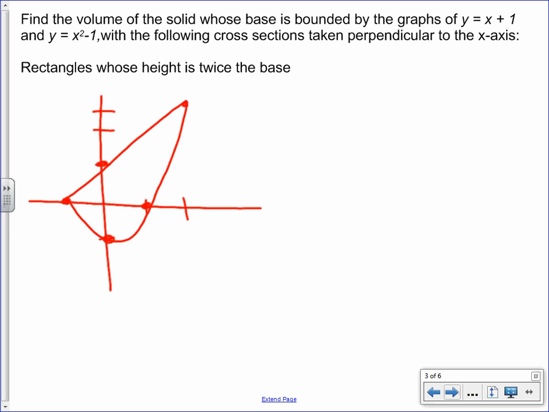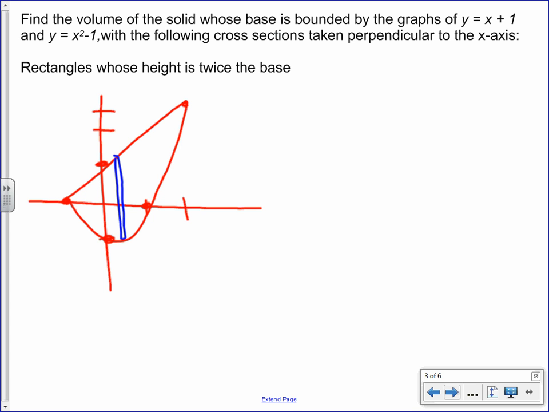That was a horrible drawing, but that's okay. We still have cross sections perpendicular to the x-axis. So here's my slice. Now, these are rectangles. Ooh, that worked out nicely. The base is always what's sitting in here.